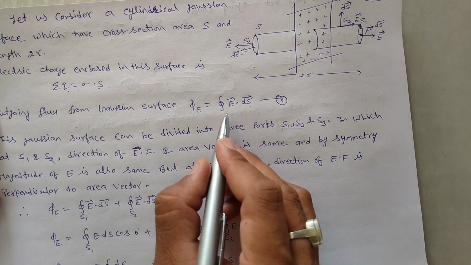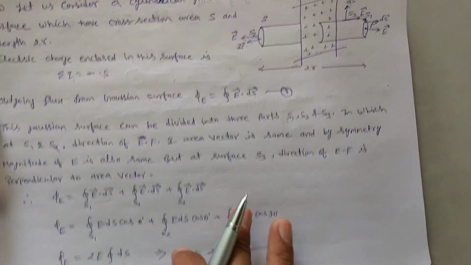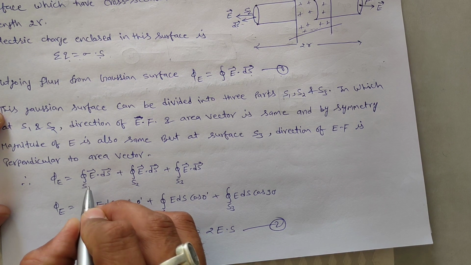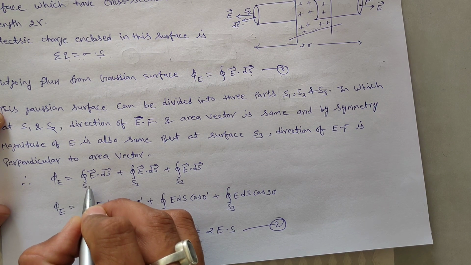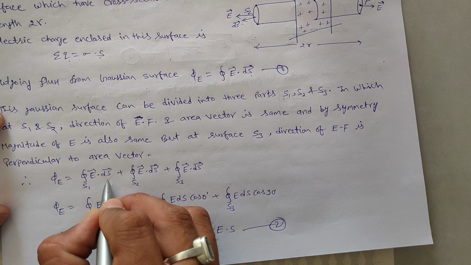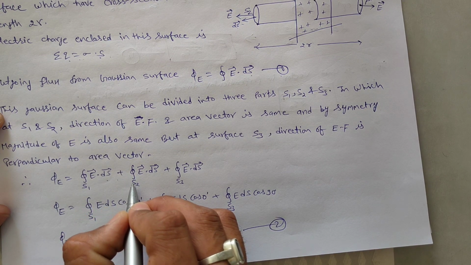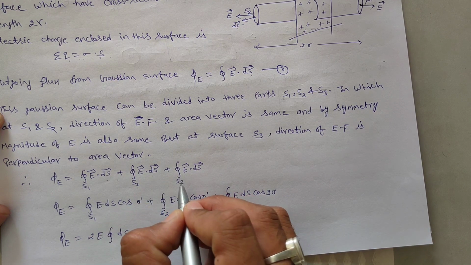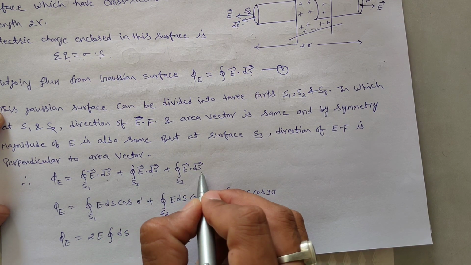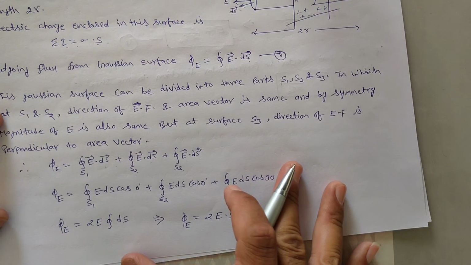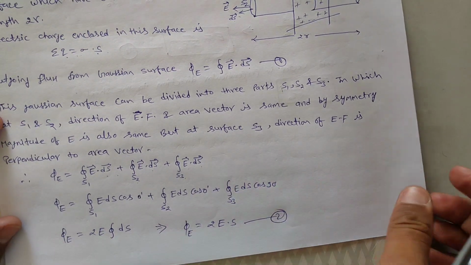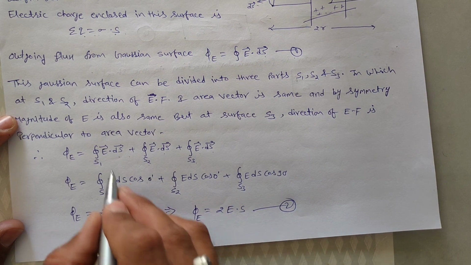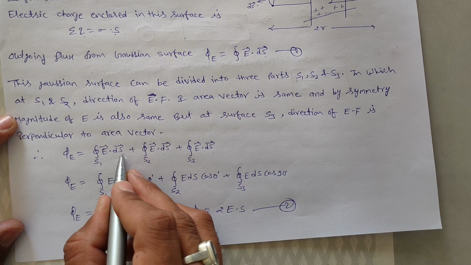So from this equation we can write, for three parts, phi E equals closed surface integral for S1 E vector dot ds vector, plus closed surface integral for S2 E vector dot ds vector, plus closed surface integral for S3 E vector dot ds vector. If we remove the dot product, then it is E ds cos theta, where theta is the angle between E vector and ds vector.